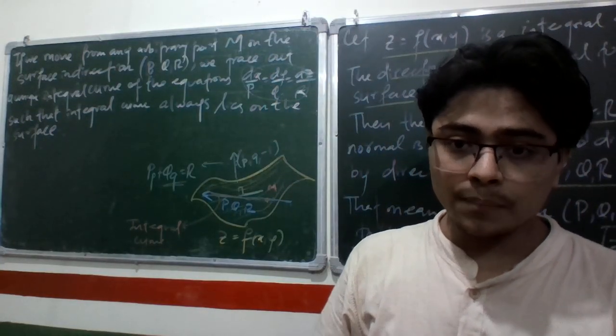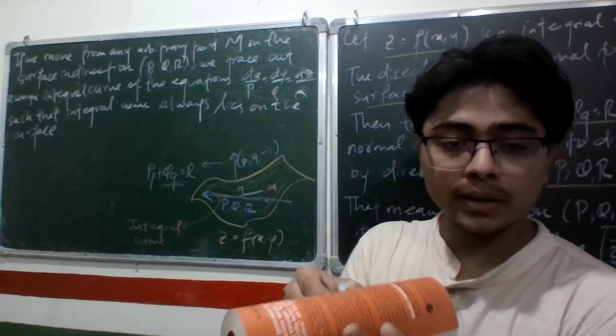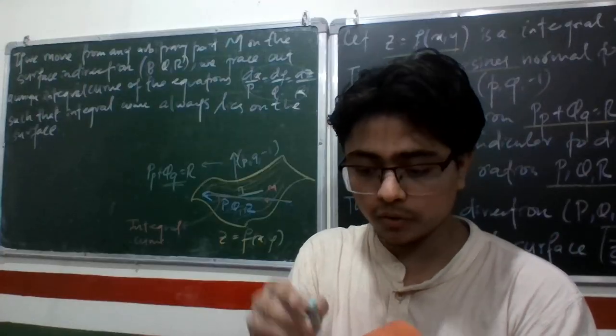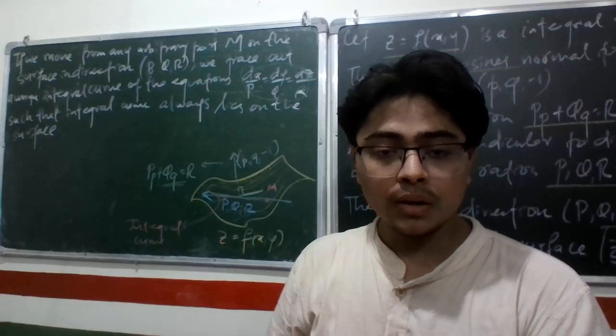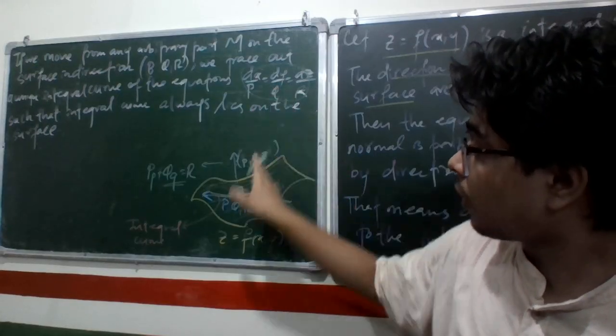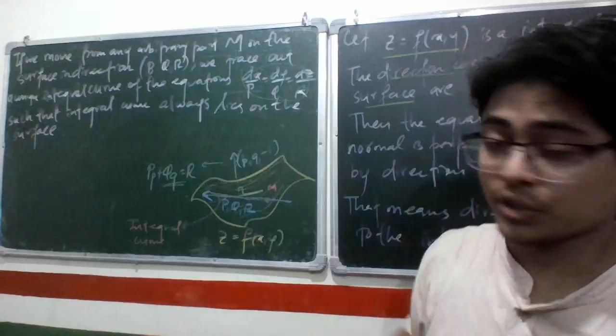If we have these direction ratios to be unique, then that means we have a unique curve for each point or for each direction. That means we can find many curves defined by this equation.